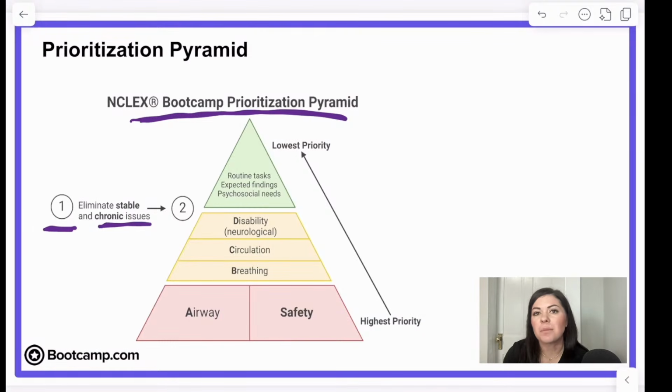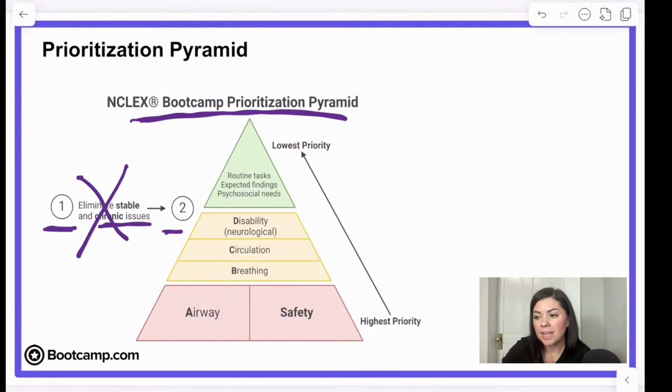So if we're looking at a prioritization item and it says that we have a client with COPD with a pulse oximetry of 90%, we can expect that. It's a chronic issue and that's normal probably for that client. So once again, these guys are typically not our highest priority. So we can eliminate them, and then we move on to step 2, which is actually looking at that pyramid.